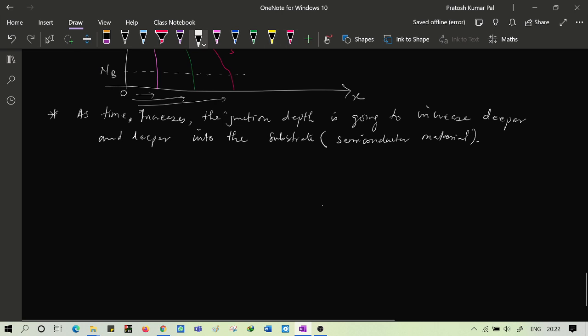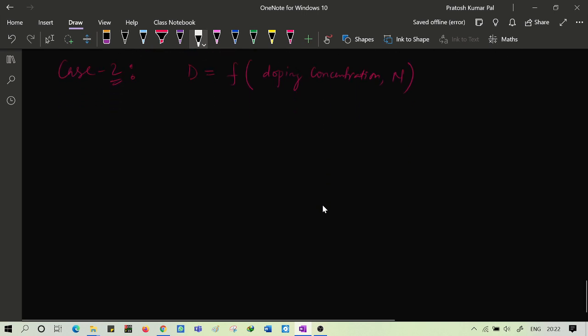Now we will see the analysis of case 2. In case 2, the diffusion coefficient is a function of the doping concentration, that is the n value.